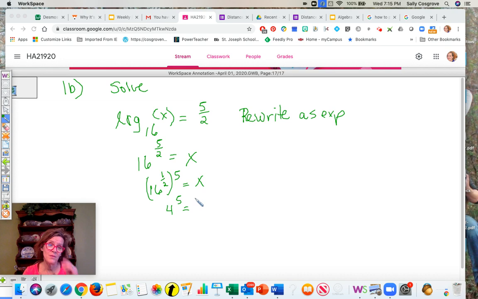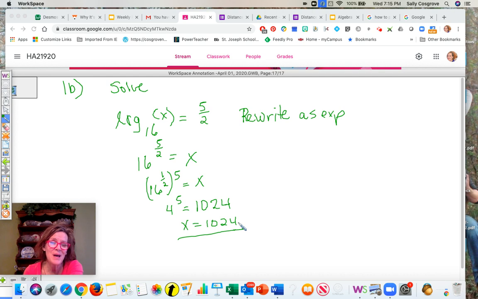Now, I don't know that one off the top of my head. We can think 4 squared is 16, 4 cubed is 64, and after that, I don't remember. So we'll go to the handy dandy calculator here. Let's say 4 to the 5th power, and we get 1024. So x equals 1024.